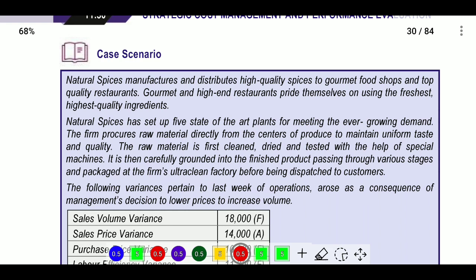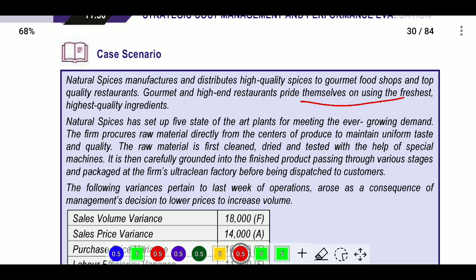It is maintaining quality. Government and high-end restaurants pride themselves on using the freshest, highest quality ingredients. So quality is the most critical factor for Natural Spices, because they are the only ones providing the ingredients.